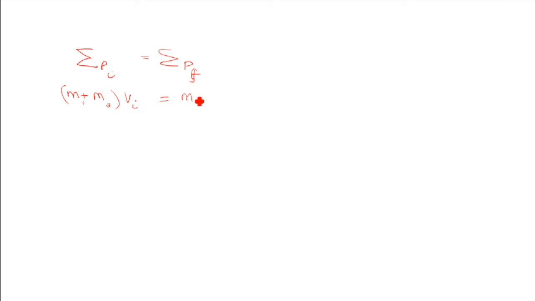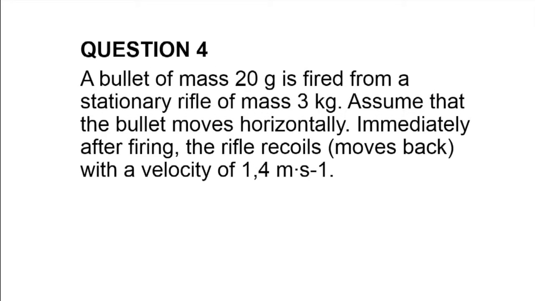So the momentum is m1 v1 final, and initial is on the other side, and then m2 v2, still final. Now the masses: we have 20 grams. Guys, be careful, this is not chemistry, so we need to convert.